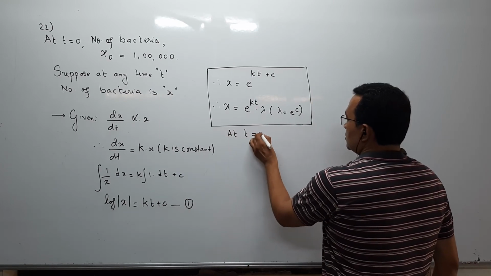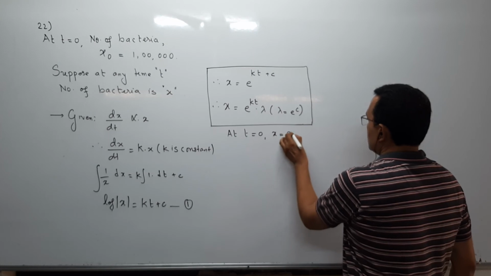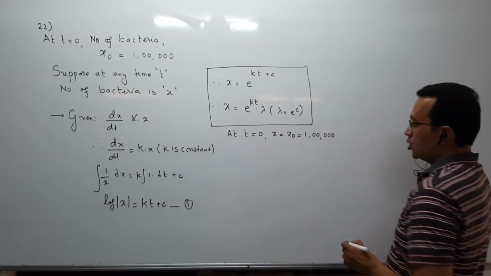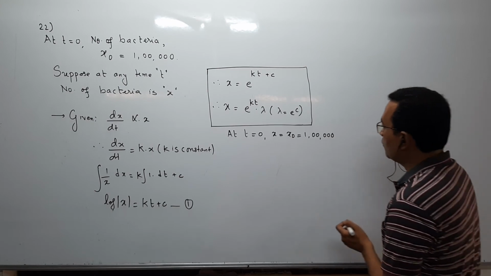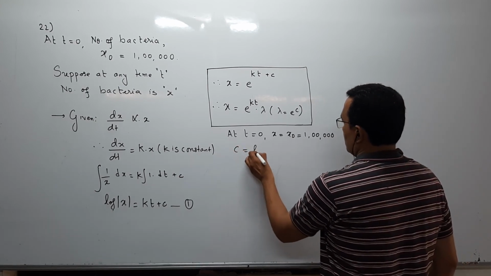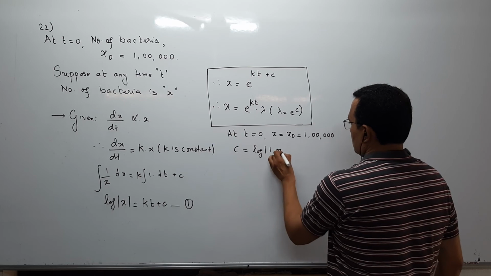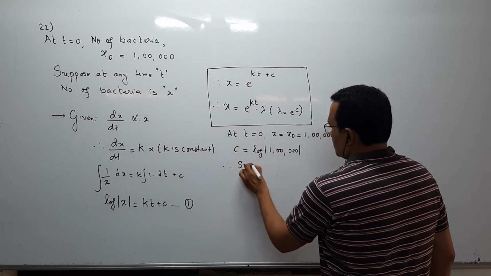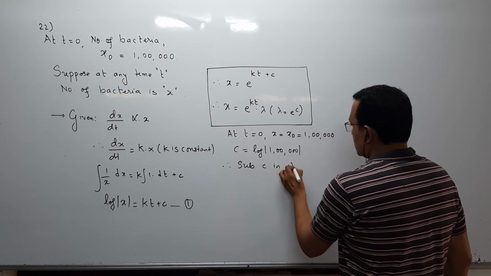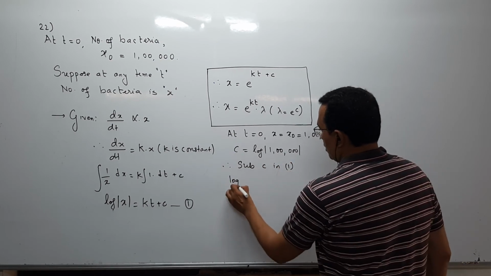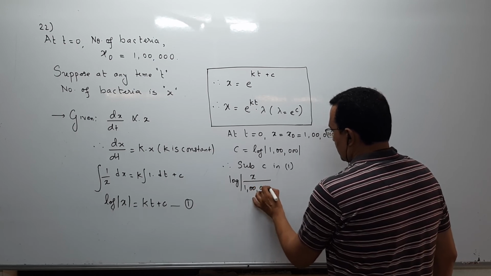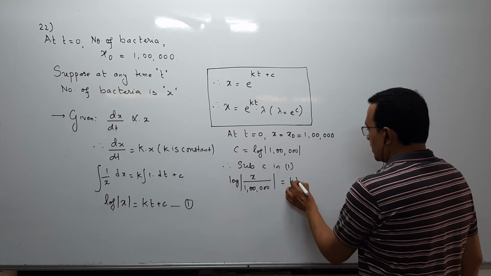At t is equal to 0, x is equal to x0, which is 1 lakh. So c will be log mod 1 lakh. Therefore, substituting c in equation 1, we get log mod x by 1 lakh is equal to kt.